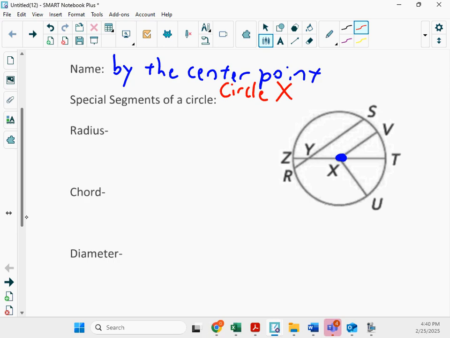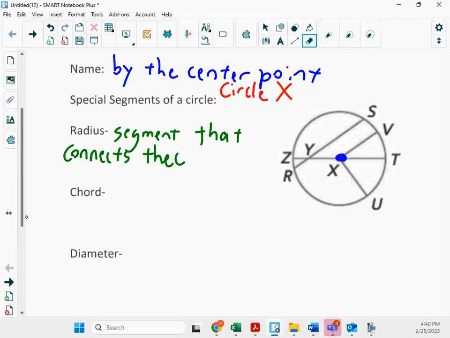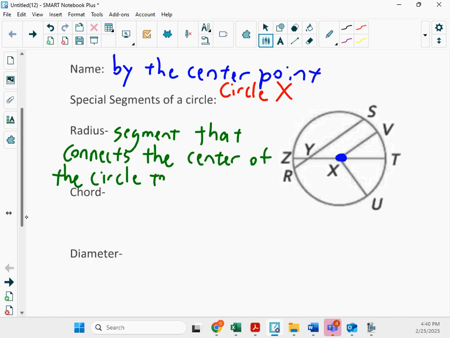Okay, hopefully we've seen these phrases before. A radius is a segment that connects the center of the circle to the edge.